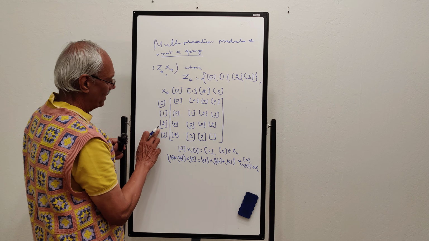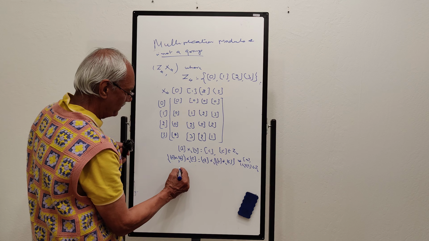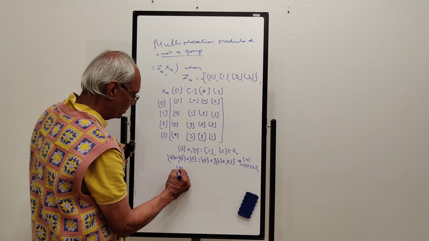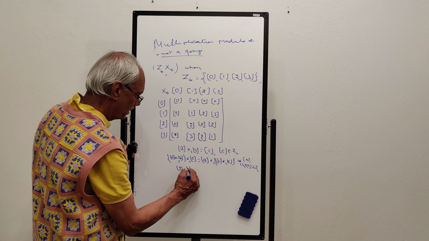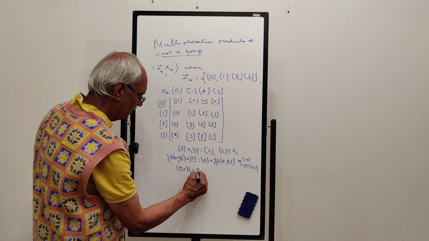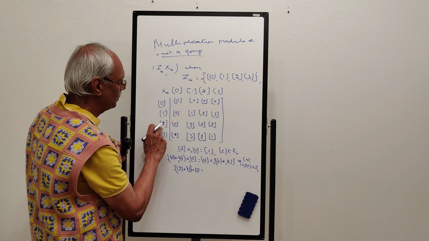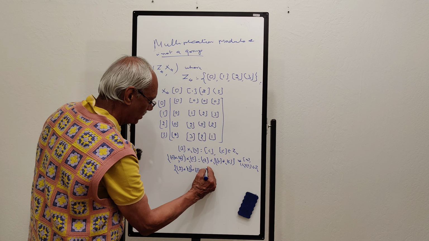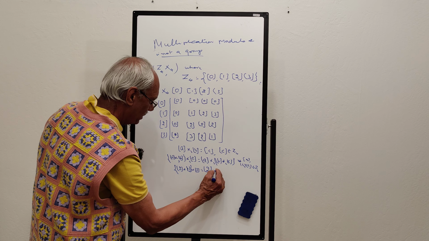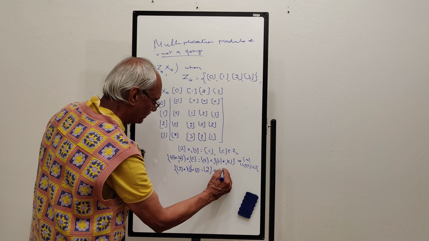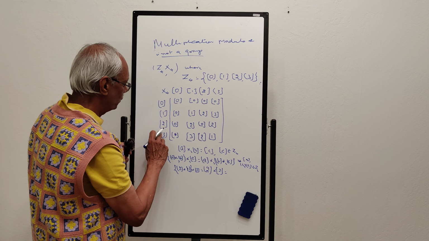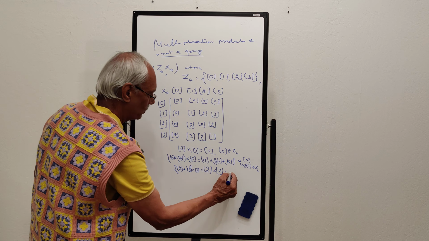For example, take 2 into 1 into 3. 2 into 1 is 2, then 2 into 3 is 6, which is equal to 2.